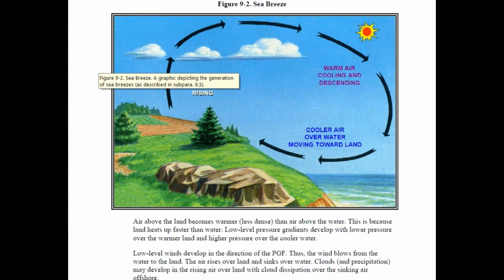But if you get the perfect setup, like in my example, it's the middle of March, it's not necessarily that warm in California, so the temperature differences are a little bit less.